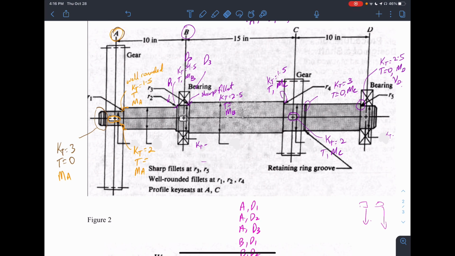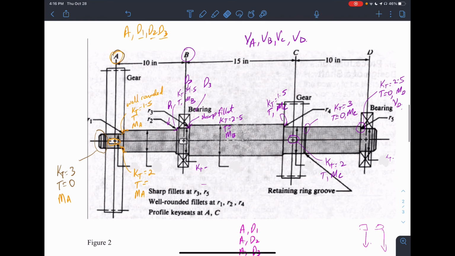All we would have really is a D1 value and a D2 value. We have a D1 value because of the shoulder, and then we'll have a D2 value because of the shoulder, which is a sharp fillet. So there's no key as drawn there.